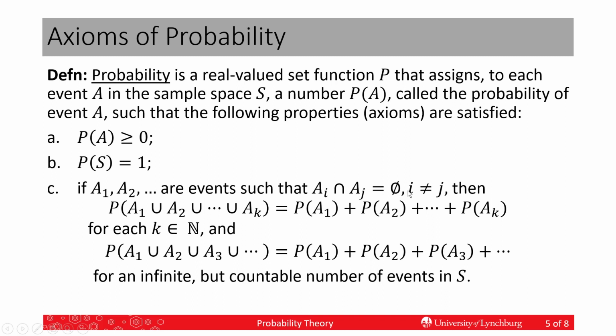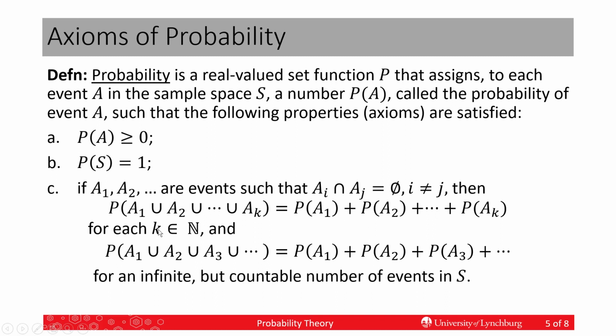Their intersection, if all of those possible intersections are empty, then and only then can we say that this is true. The probability of the union of A1, A2 up to Ak, some k number of events, is equal to the sum of the probabilities of those events individually. So the unions in this case become pluses, okay?